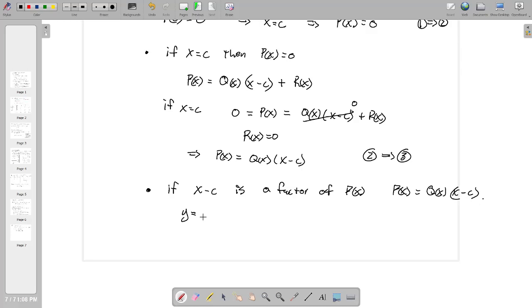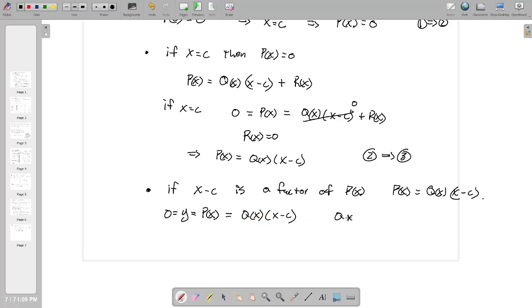So y equals p of x will be 0 when x is an x-intercept, which means we would have this statement here. 0 is equal to y, which is equal to p of x. p of x is equal to q of x times x minus c. Then we have the zero product property of q of x and x minus c.